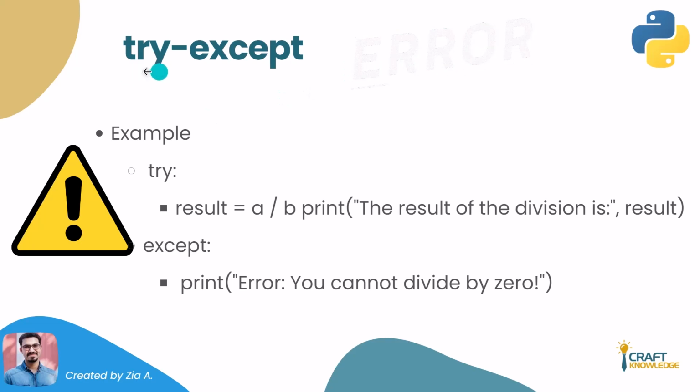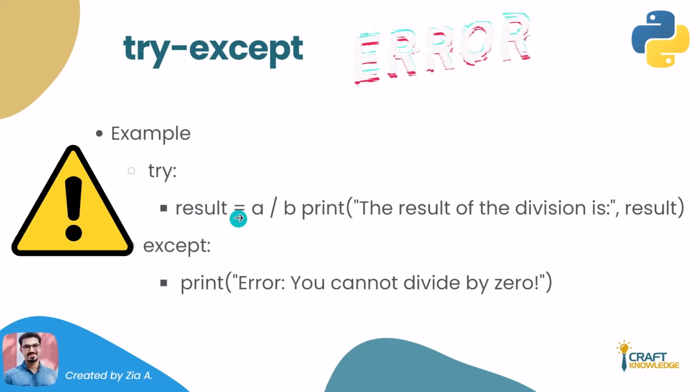There's a tool called try except in Python. Basically, if you're afraid that there could be a possible error in this chunk of code or this block of code, you'll have to put that block or line of code inside this try statement, right? And if there is an error, it will not stop the flow of your program.